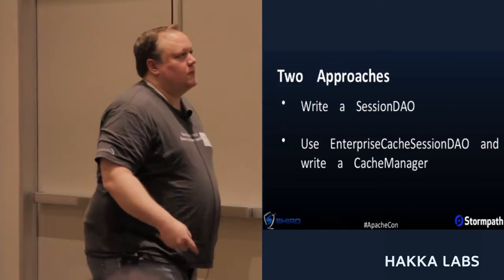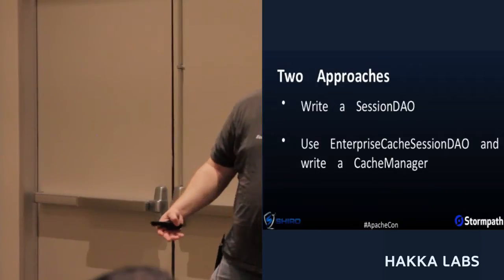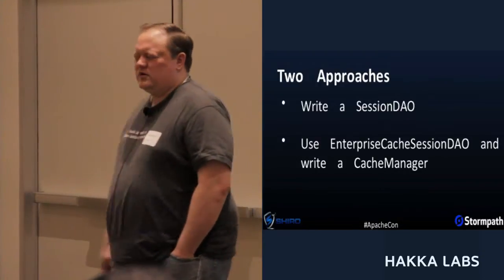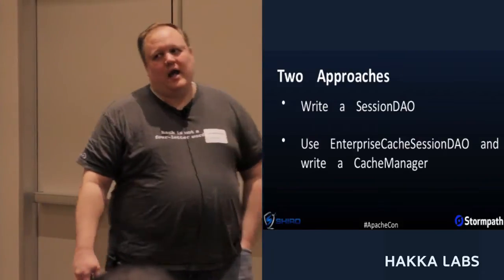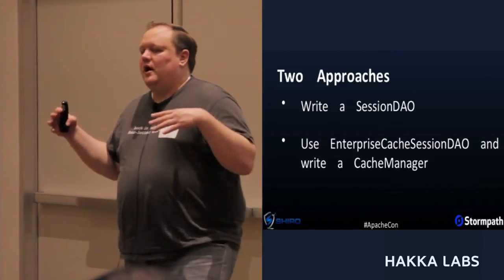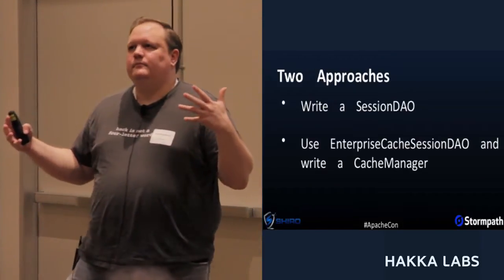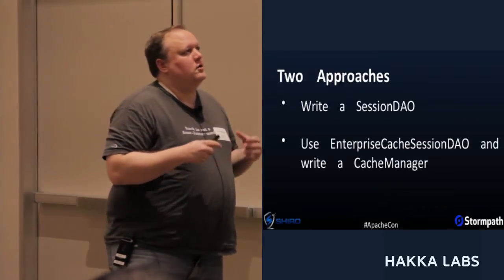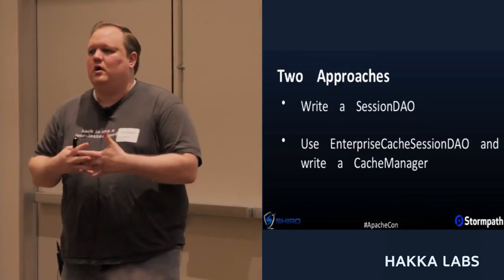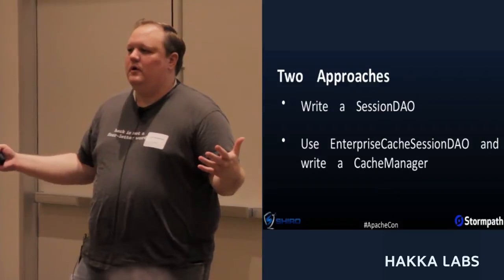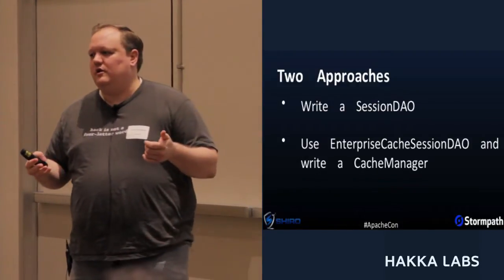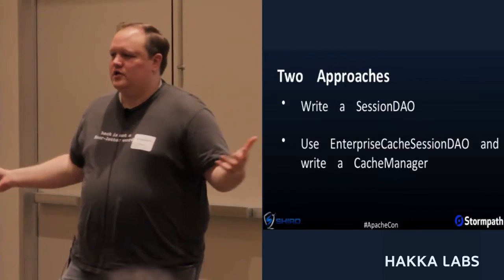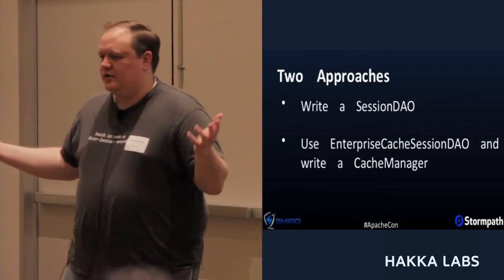Or you can use something that comes out of the box with Shiro called an enterprise cache session DAO, and then you write a cache manager. As part of its architectural constructs, Shiro has a cache manager that can be shared across almost all the components in Shiro. So if you write one cache manager, you can just plug it into the session infrastructure, and then all of your sessions just live permanently in the cache.